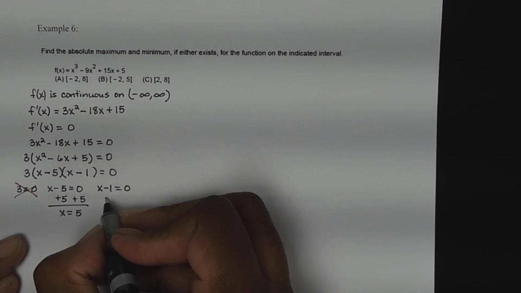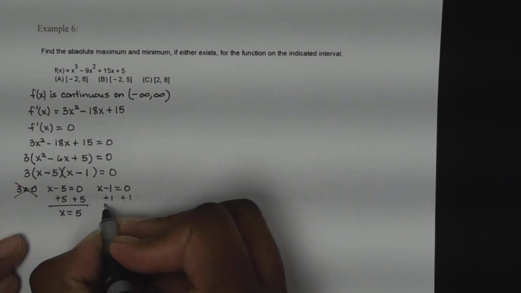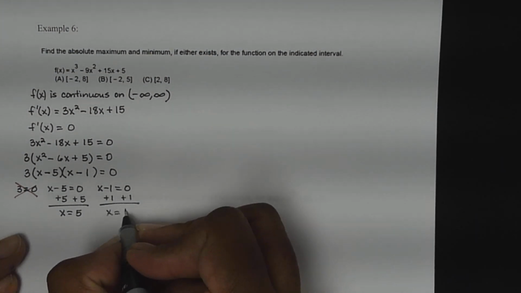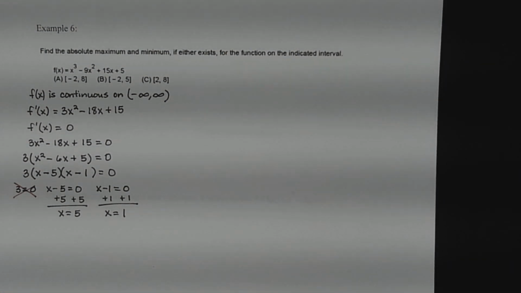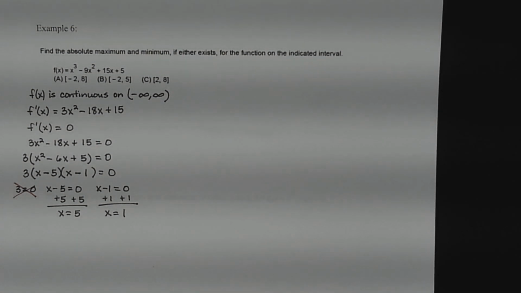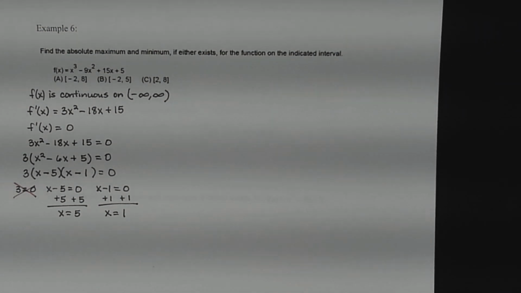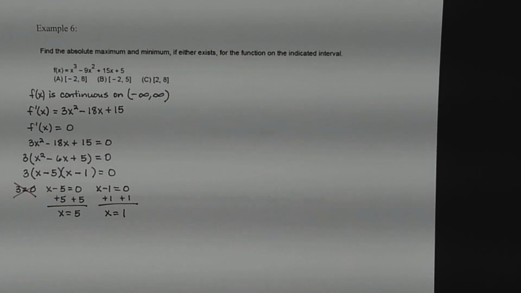And for x minus 1 equal to 0, if I add 1, I get x equal to 1. So as you can see, my two critical numbers are x equals 5 and x equals 1. That will be used in parts A, B, and C when I find the absolute maximum and minimum.